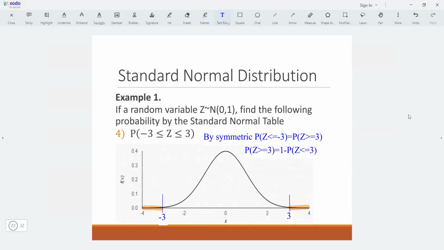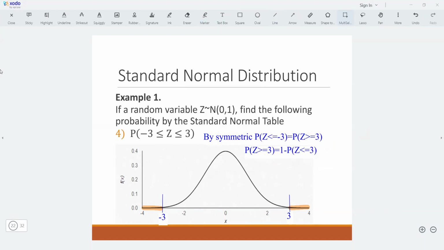And we already know the probability that Z is smaller or equal to 3 is 0.9987. This is what we need by the property of the standard normal random variable.